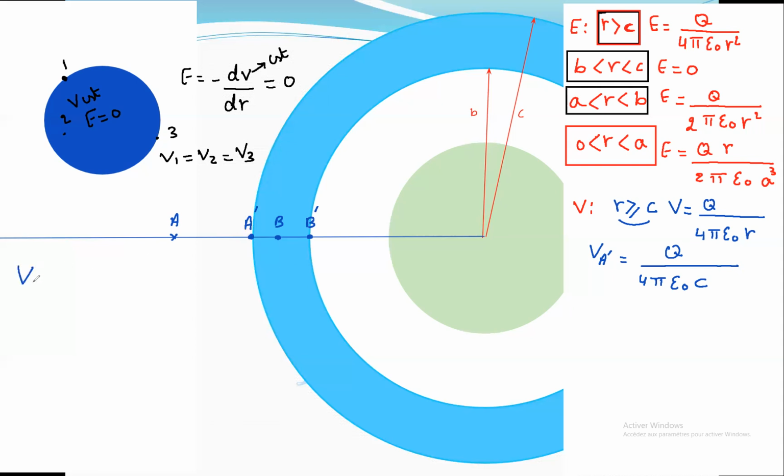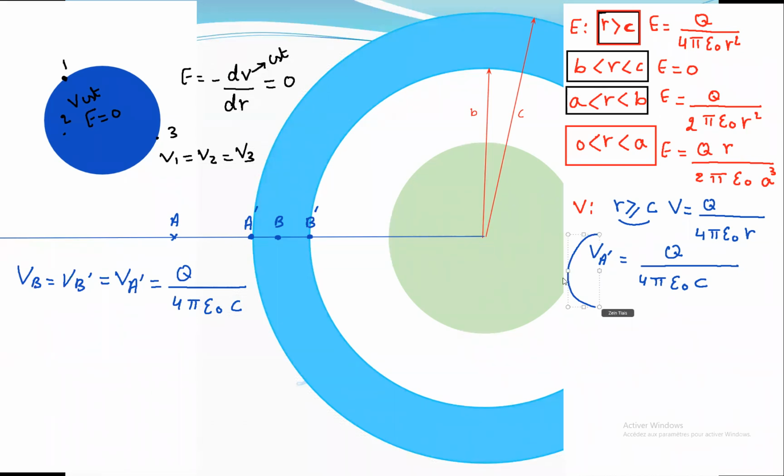So here we can say VB equals VB prime equals VA prime, and VA prime is calculated before here equals Q divided by 4 pi epsilon 0 C. So it's important here to use the calculation from before to find VA prime, and inside the shell we have a constant potential. So VA prime equals the potential of any point on the shell.